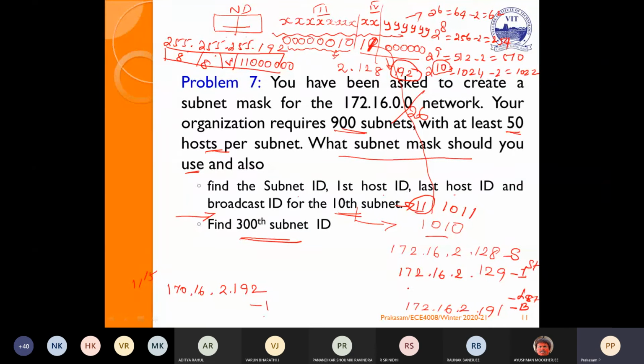Again minus 1, that is the last host ID for the 10th. So this is the way of finding the subnet ID, first host ID, last host ID, and the broadcast ID for any subnet. Any doubt here?